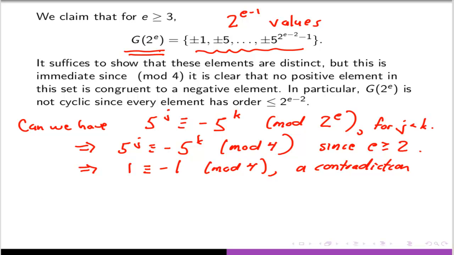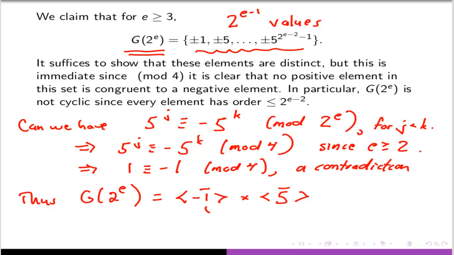Okay, so we've established that G of 2 to the e is just the direct product, where you look at the different powers of negative 1 together with the different powers of 5. So it's a Cartesian product. This is a cyclic group of order 2, and this is a cyclic group of order 2 to the e minus 2 power.